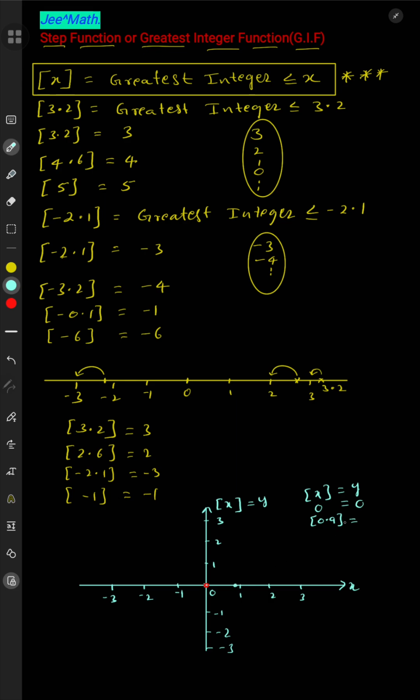The step of 0.9, the left side integer is 0. So when x is 0.9, y is 0. So 0.9 comma 0 is a point on the curve. Joining them, we will have a graph like this.